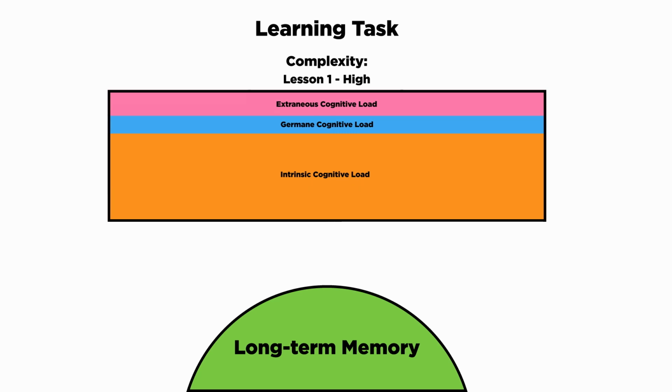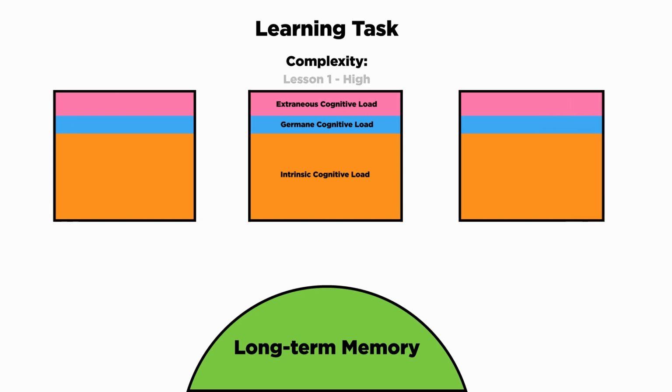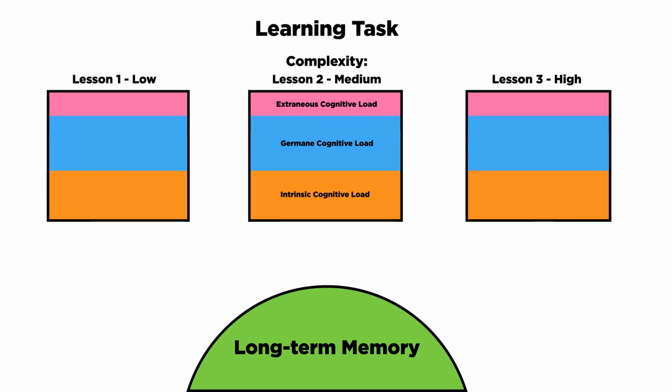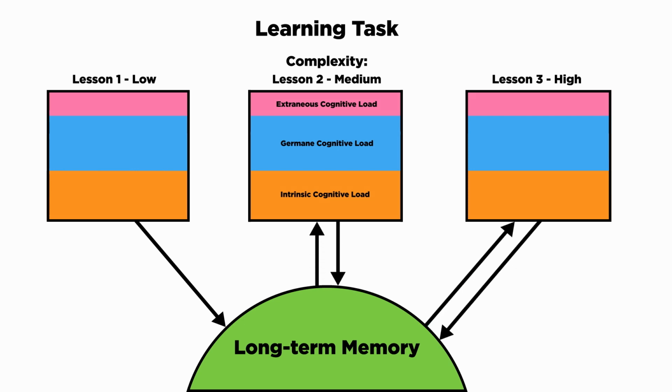So, if we divide a complex task into manageable chunks, we can reduce the complexity of each individual chunk, reducing intrinsic load. We can then allow a learner to commit knowledge from an earlier, simpler chunk to long-term memory. That knowledge is then accessible during the learning of subsequent chunks and can be accessed without increasing intrinsic load. As a result, we can increase the complexity of the latter chunks, incorporate knowledge stored in long-term memory, and keep intrinsic load at reasonable levels.